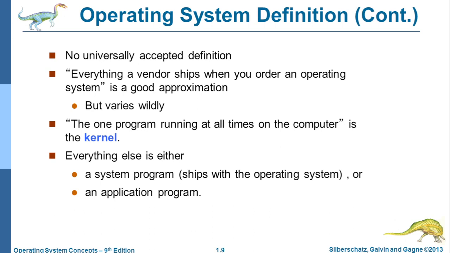Everything other is either a system program or an application program. Another program that runs is a system program or system software, which is part of the operating system. Another is application program like Microsoft Word, Microsoft Excel. These are application programs.